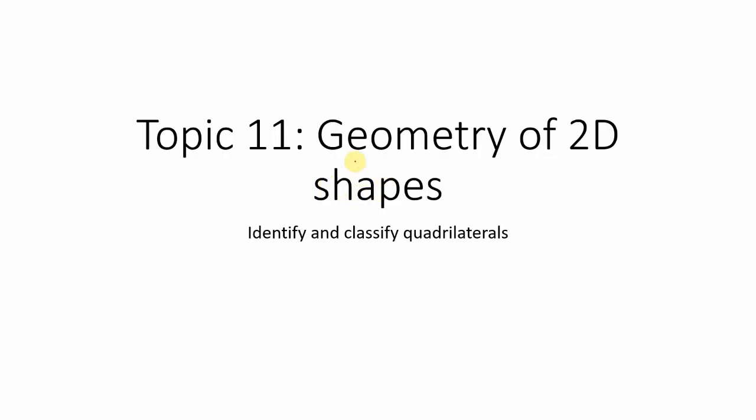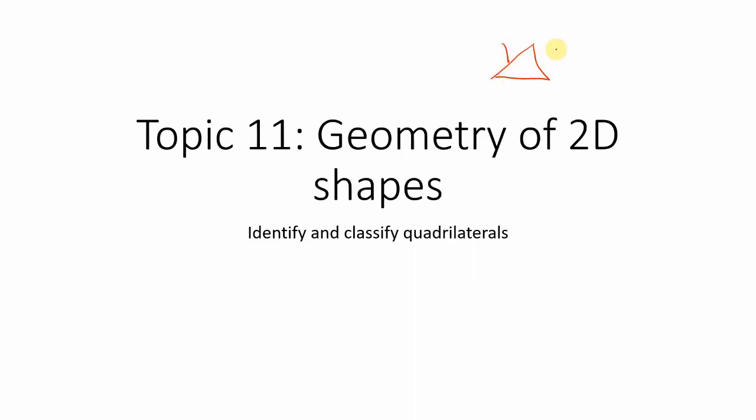In this video we are still dealing with topic 11, geometry of two-dimensional shapes, and we are going to identify and classify quadrilaterals. In previous videos we focused on triangles. Triangles we know have 3 sides and 3 angles.